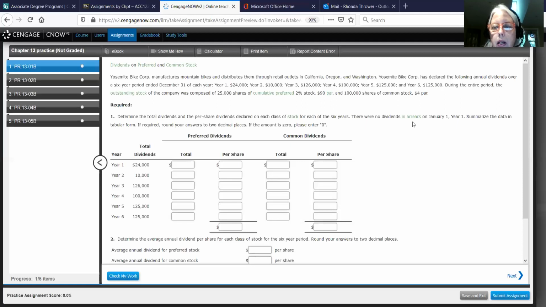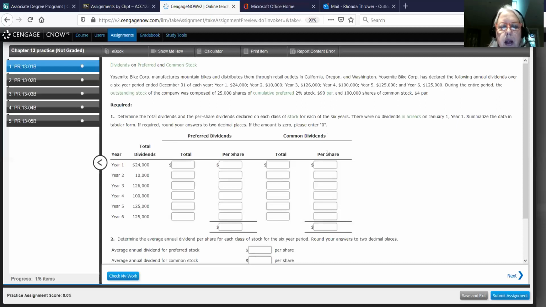There were no dividends in arrears on January 1st of year 1. We're going to summarize the data in tabular form. If required, round your answers to 2 decimal places. And if the amount in a box is a 0, then enter a 0 for that amount.